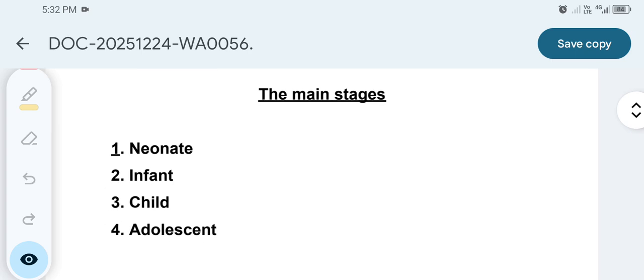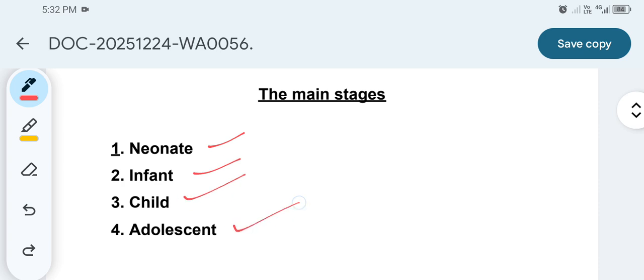so we looked at the many stages of development of a child. We said that we have a neonate, we have an infant, and we have the child, and we have an adolescent. Now what we want to know is to see, at what stage, we want to discuss each and every stage.